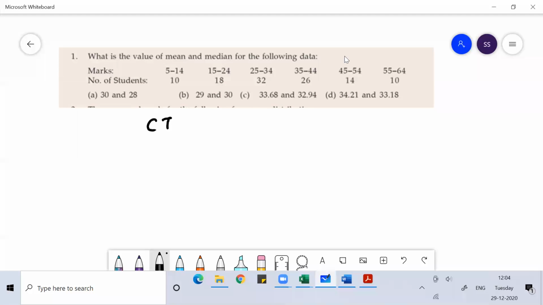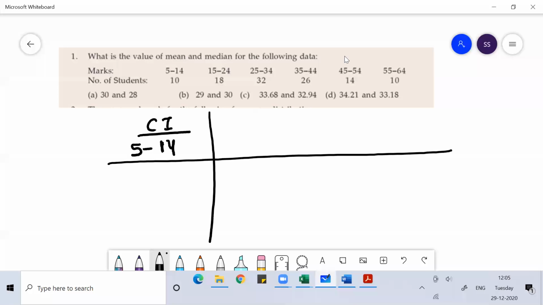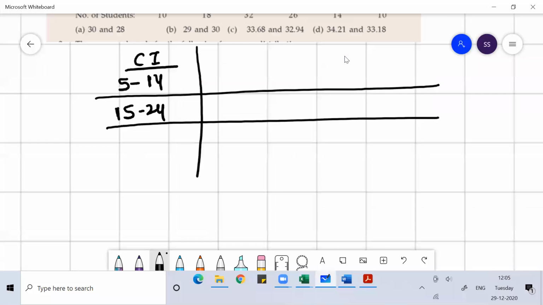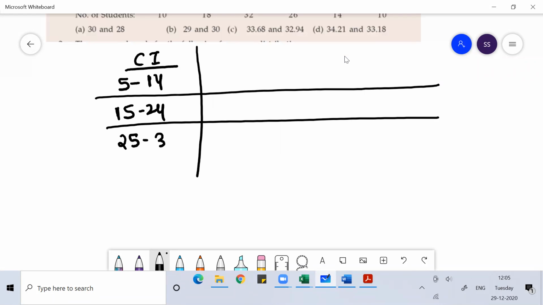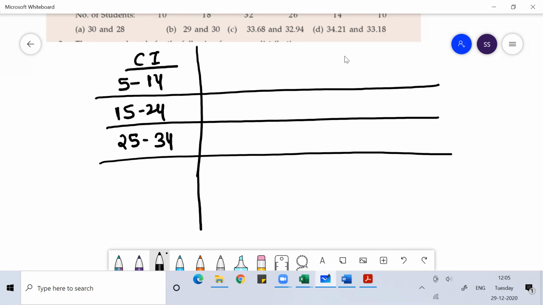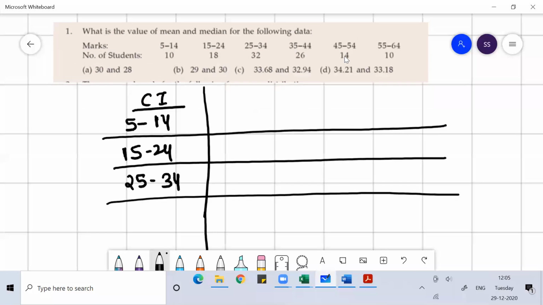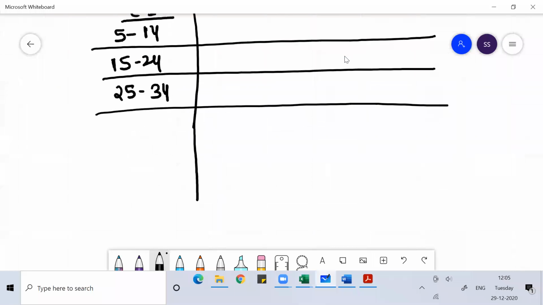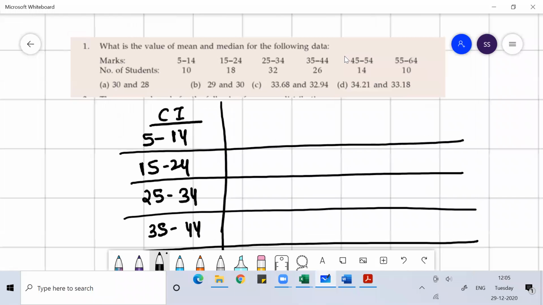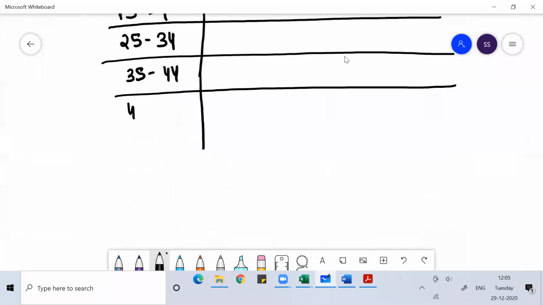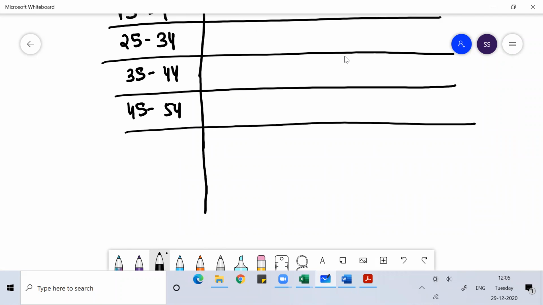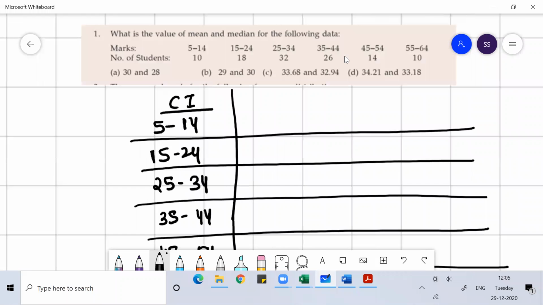Here, if you see the class intervals, they are 5 to 14, then 15 to 24, then 25 to 34, then 35 to 44, then 45 to 54, then 55 to 64.